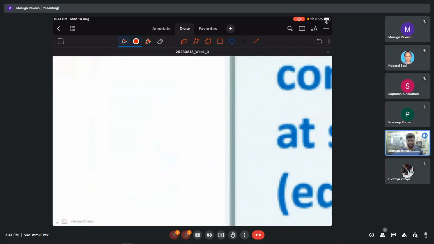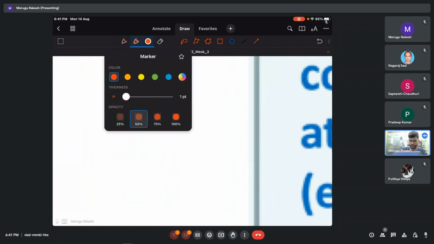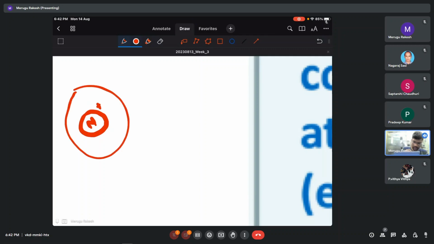If not, I'll just draw a diagram. Let us say this is one atom, with a nucleus which is positively charged inside, and then we have electrons. I'm drawing roughly.